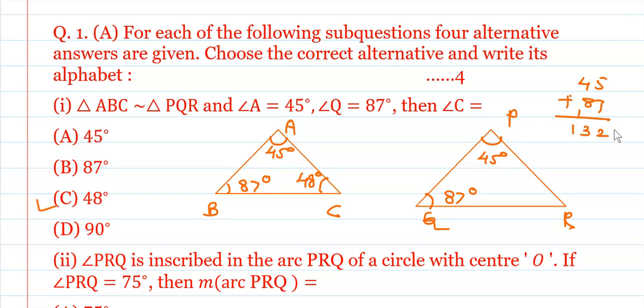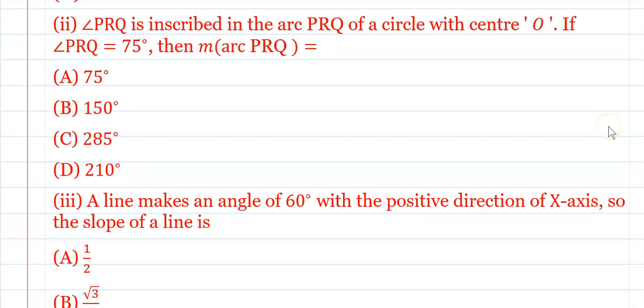Okay. Now the next question. Angle PRQ is inscribed in arc PRQ of a circle with center O. If angle PRQ is 75, then what is the measure of arc PRQ? Now see this here. We'll draw the circle. Next, angle PRQ. This is the angle PRQ.